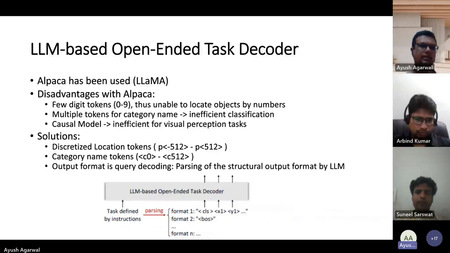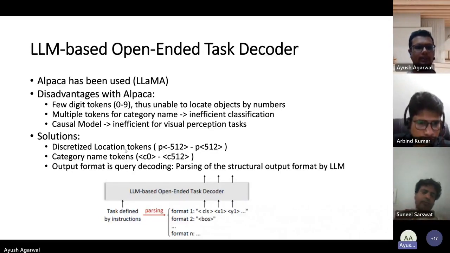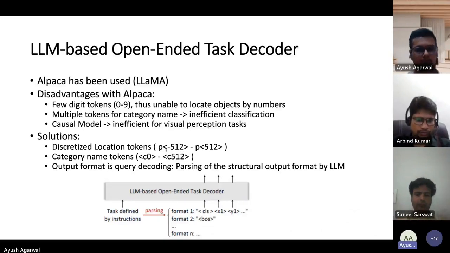The solutions that the authors propose are: to deal with the few digit tokens, they take discretized location tokens. They take a positional token from -512 to +512. This is a hyperparameter that we see in ablation studies later, but in the model that they will be releasing, this is the number of tokens.